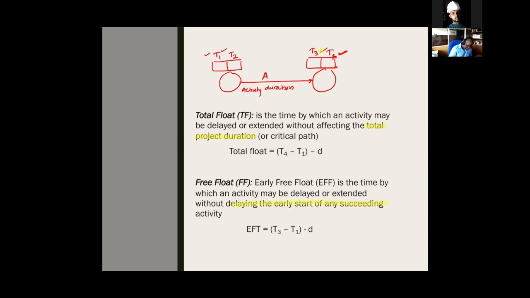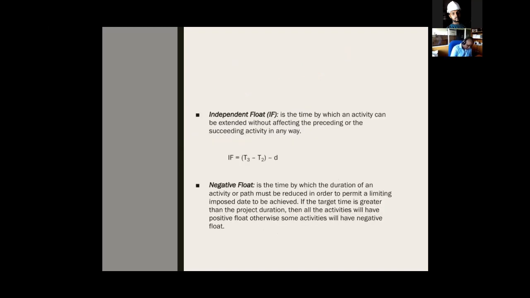The next one, independent float. Earlier, the start of the next activity should not be delayed. Independent float is when the next activity is not affected by any means. Only this activity is delayed.